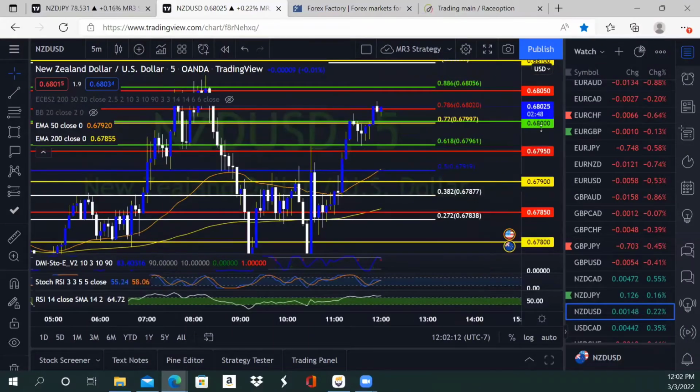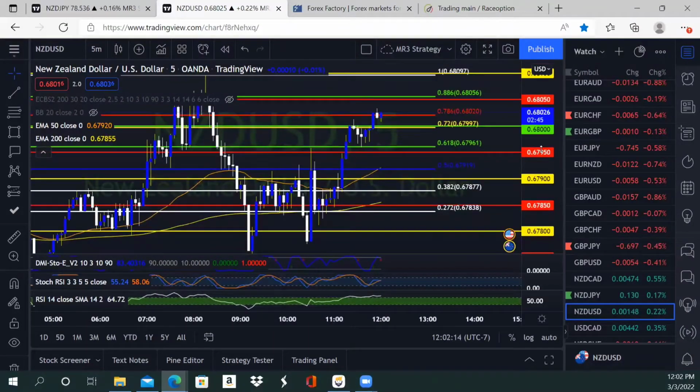If this made a harmonic pattern, it'd be an ugly one, honestly. So we're getting to the point of oversold. It couldn't meet that 56 level.